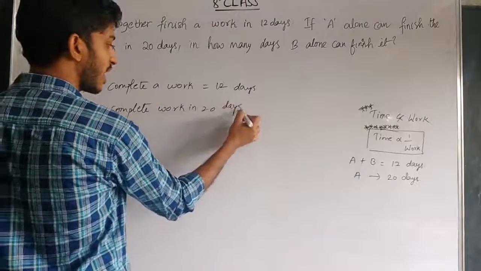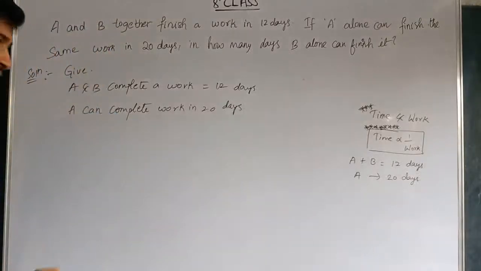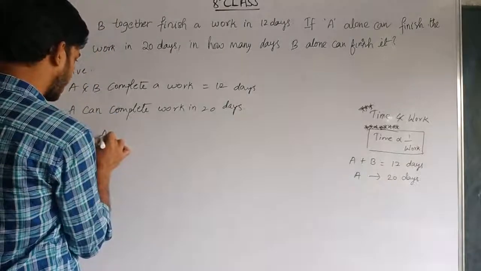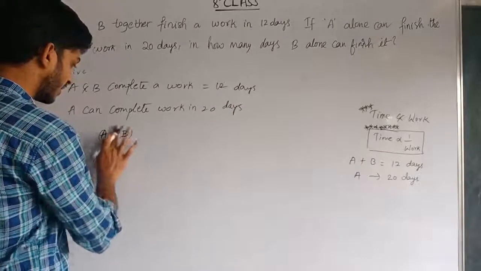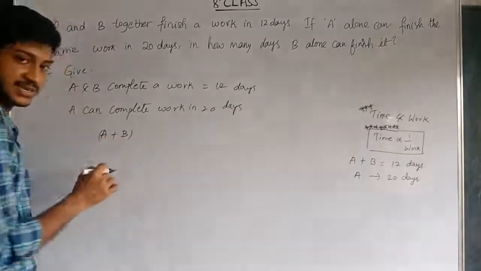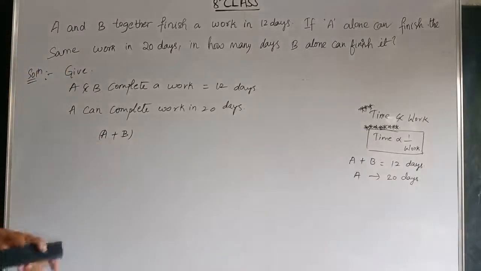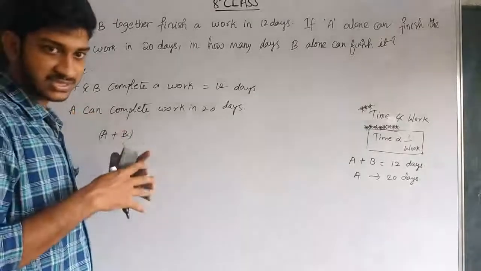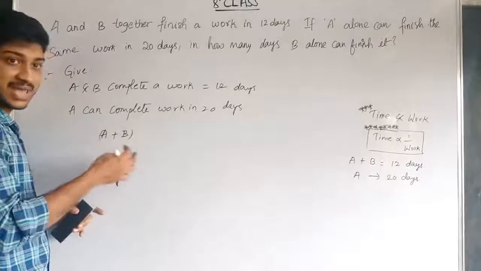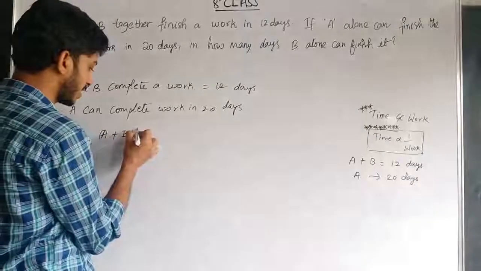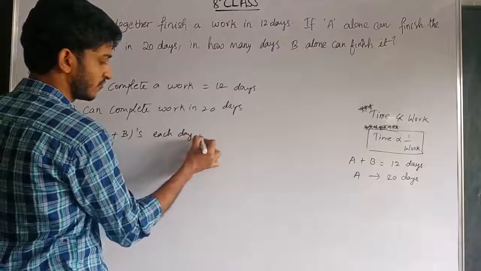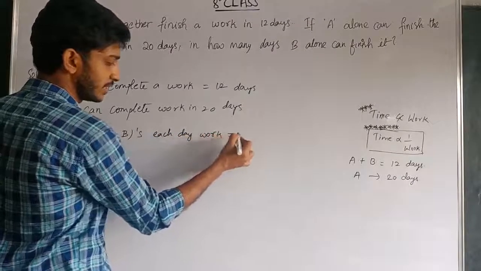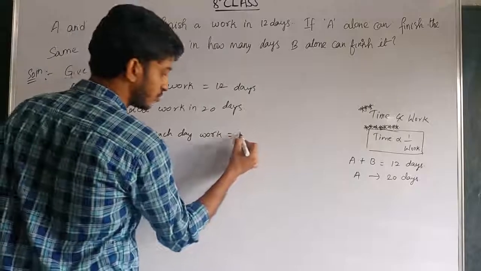So from this we have to take each day's work. A plus B, they are working together, helping each other. A plus B's each day's work equals 1/12.